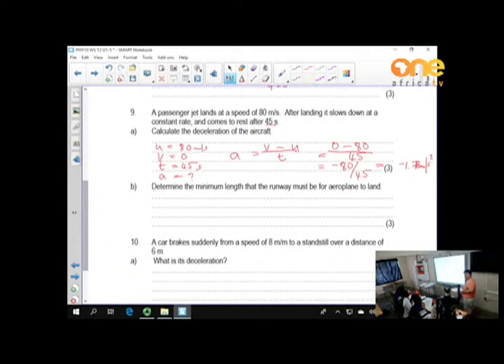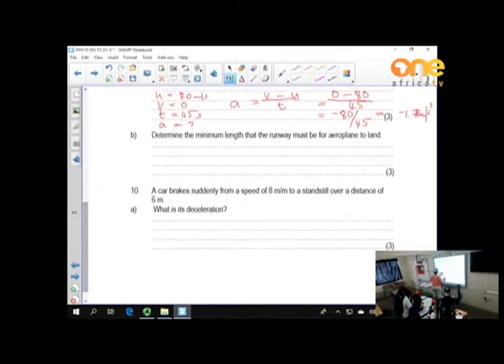So if something starts from rest, the initial velocity is 0. But if it's like this, where you only have one speed, then your initial is 80. They tell us it comes to rest. So initial is 80, final is 0. Okay.